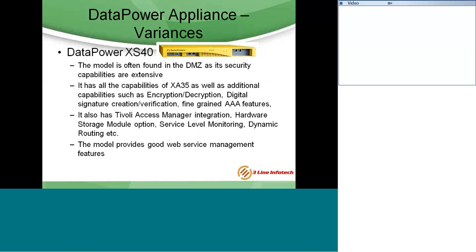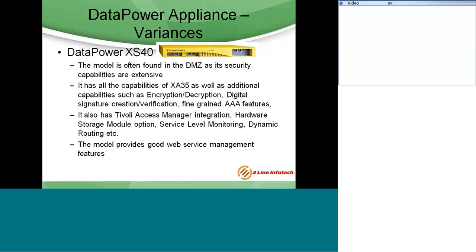This is another important appliance model, which is the XS40. XS means security. That's why it's a security appliance. It's built on top of the XA35 appliance, and its color is yellow. It has all the features of the XA35, and also additional encryption, decryption, signature creation, verification, and AAA features.